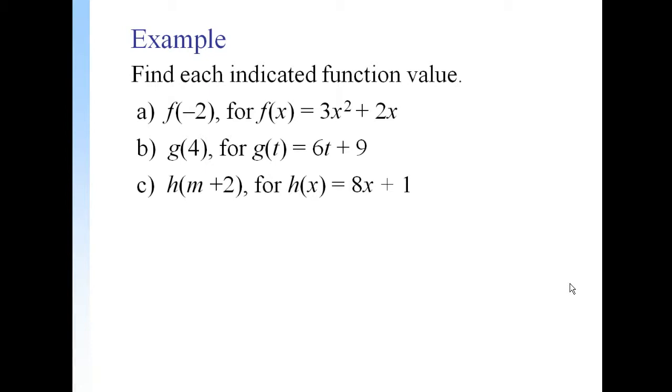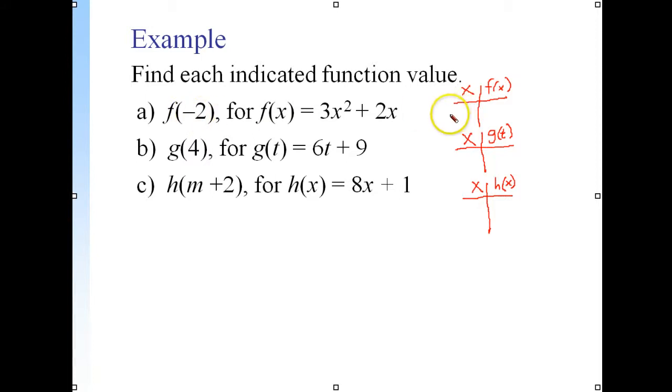So they're asking us to do this. How would you do it? What would the strategy be? Now, this can look challenging, but just take it in a form of strategy. So here's our function notation. They're saying that our x value is going to be a negative 2.